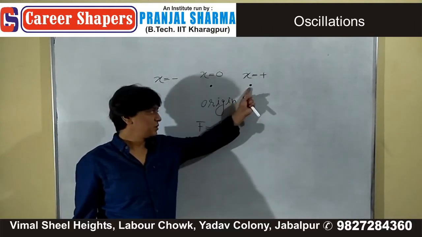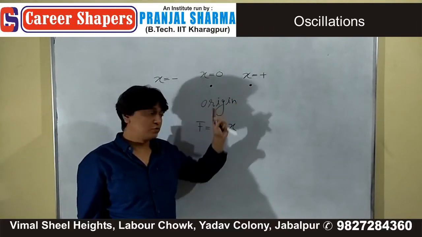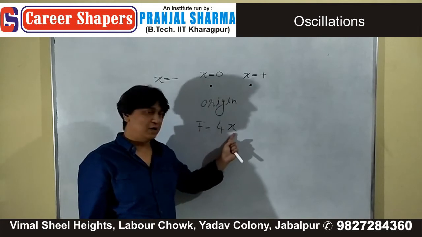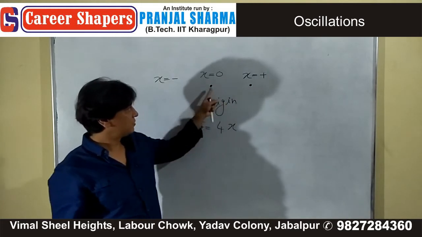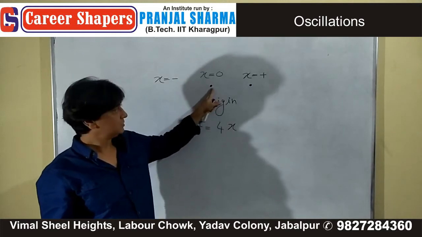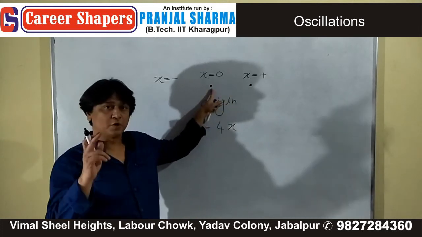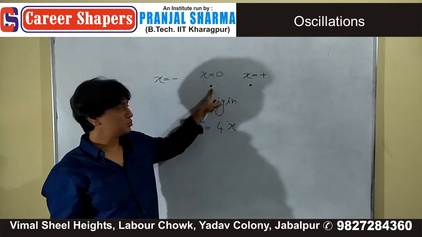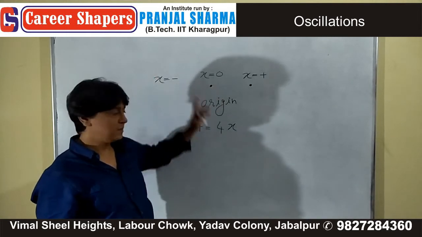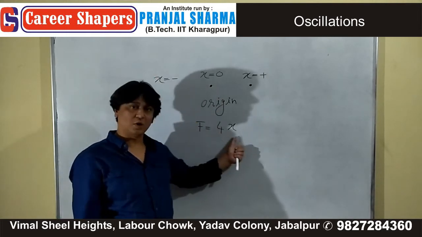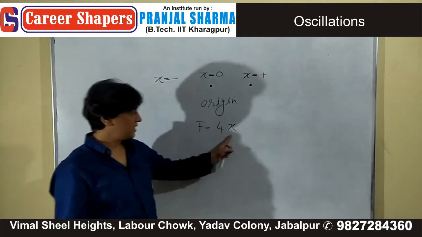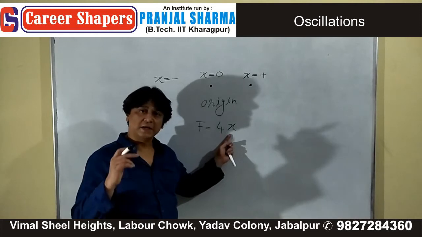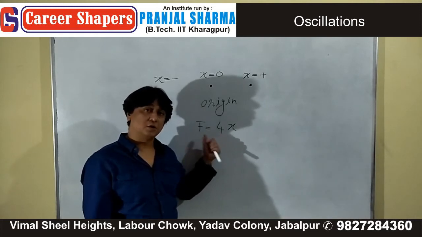The force is given as 4 multiplied by displacement of the object from origin. This origin we call mean position. We'll see later. Don't worry. F is 4x.